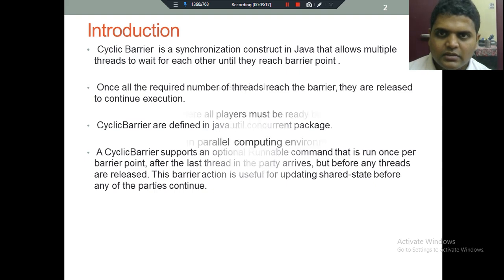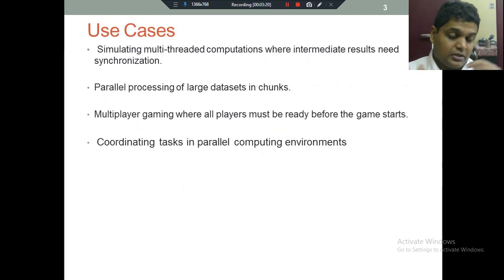Continuing further with the use cases, that's the most important. We understand the analogy, what a cyclic barrier is and which package it belongs to, but when it comes to practical use cases, it can be considered in multi-threaded computation where intermediate results need synchronization.